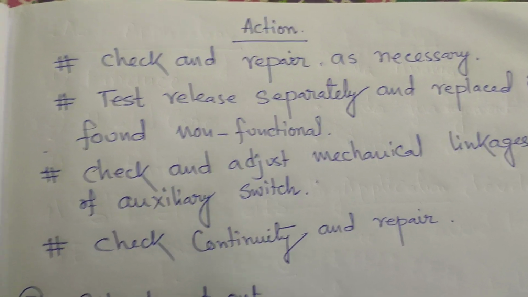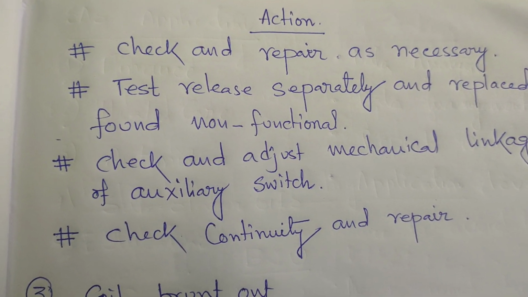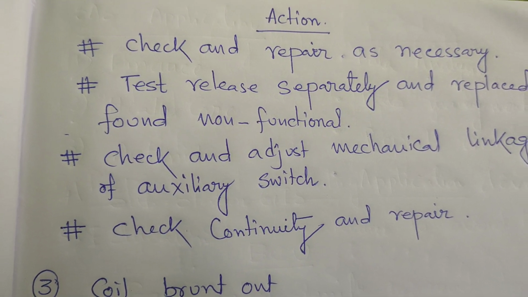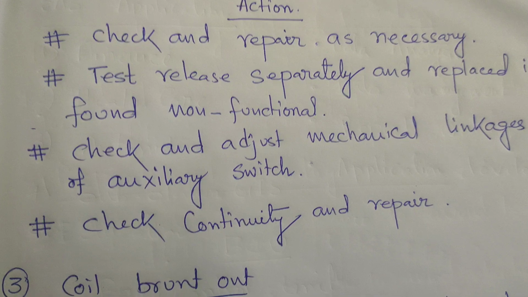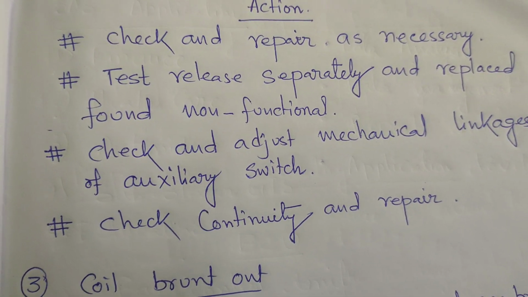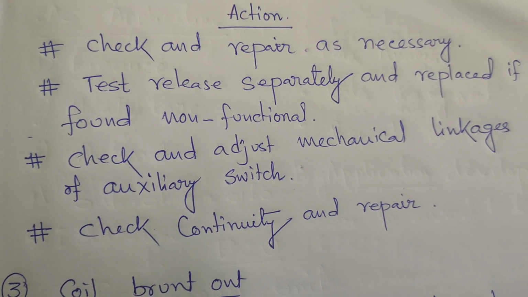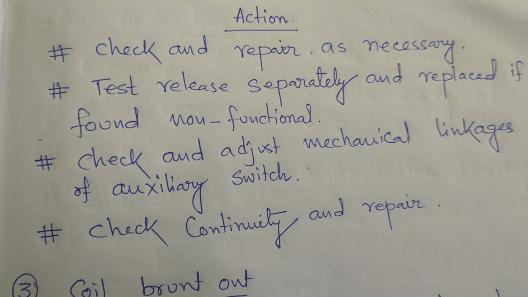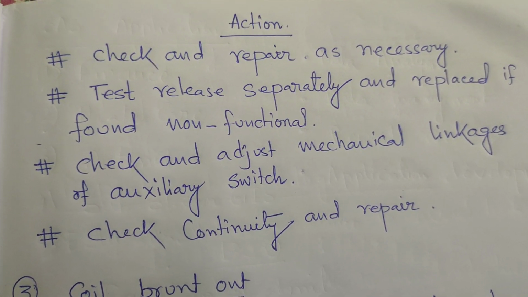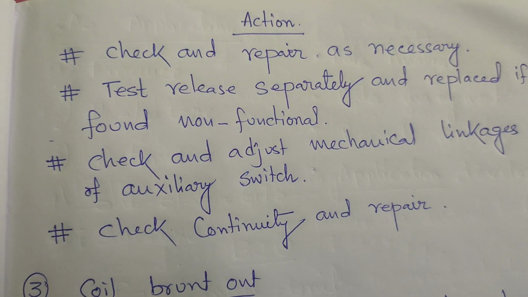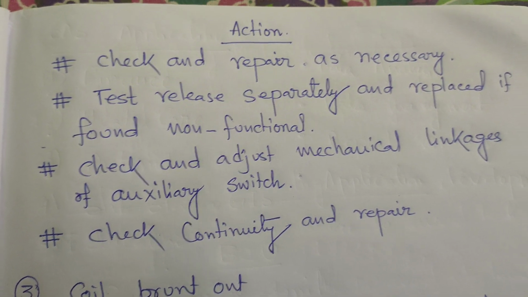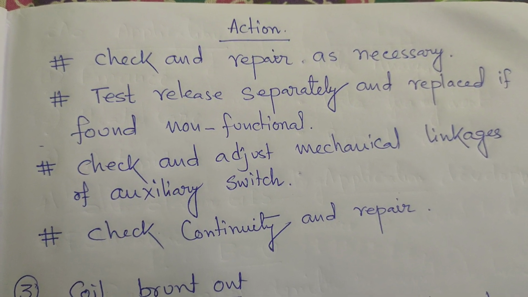Opening release, if the opening release spring or opening release dashpots have some mechanical jamming or are malfunctioning, immediately test it separately in consultation with the OEM and also replace it. If you cannot replace it, take help from the OEM technical personnel for overhauling the particular drive mechanism box.